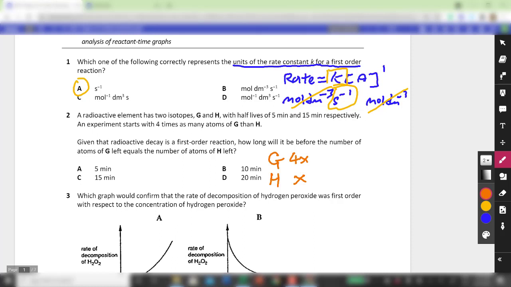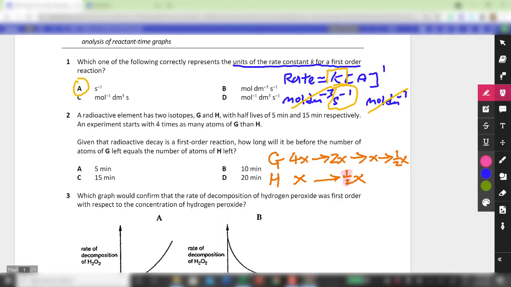So for G, after one half-life, I will end up with 2x. After another half-life, I will end up with x, and after the third half-life, I'll end up with x over 2. For H, after one half-life, I'll end up with x over 2. So it seems that the numbers actually match between the two, because both of them will reach x over 2.